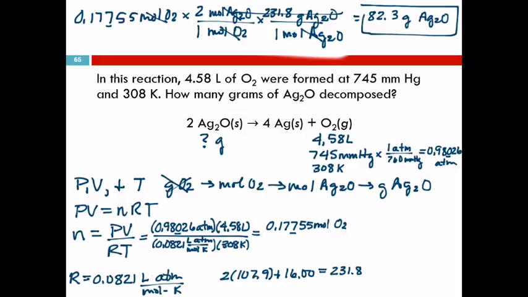And that's the answer. Any questions? This part up here we learned back in chapter 8. And so we're just combining this new idea of using the gas law with this old idea of stoichiometry.